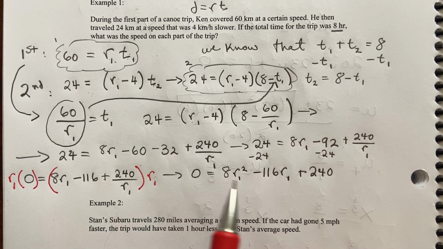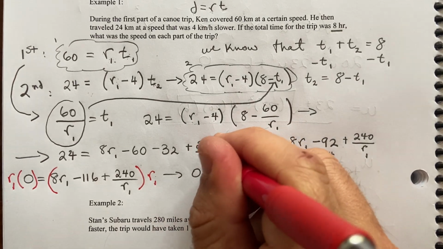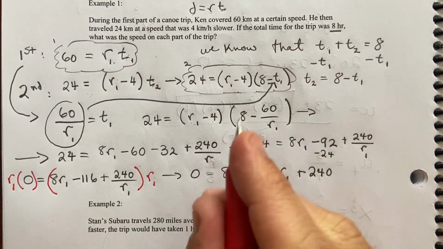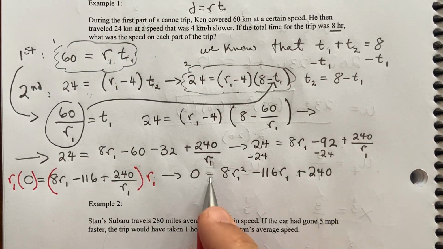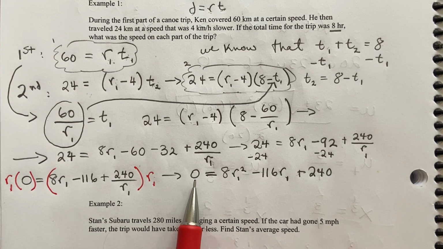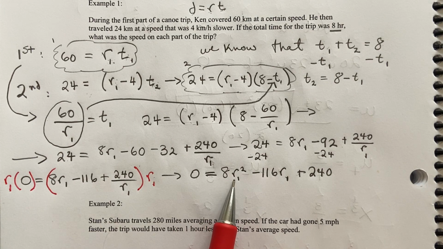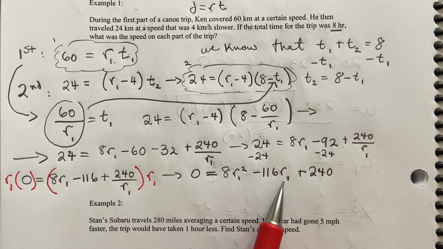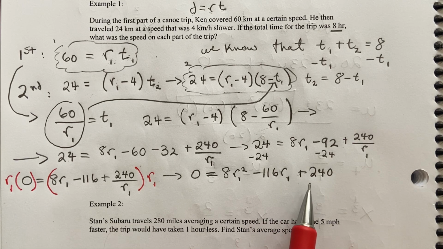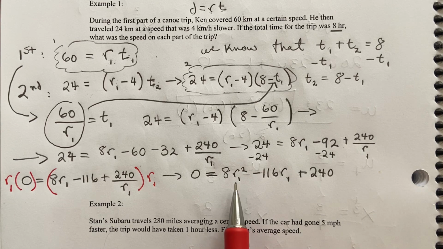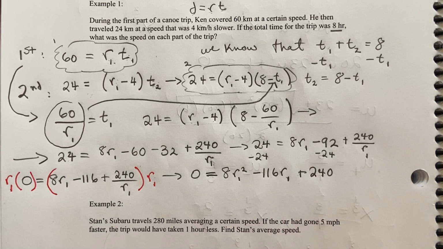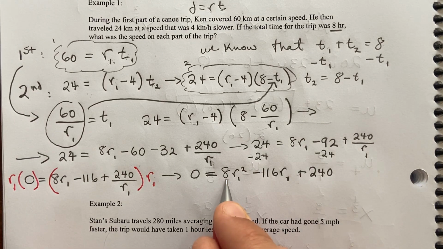So this is, let me move this 1 up a little bit because that might be confusing. It's just the 1 there. So 0 equals 8R1 squared minus 116R1. R1 is our variable, and then we have plus 240. So it looks like I can solve this. Maybe I'll just divide out by 8 first.